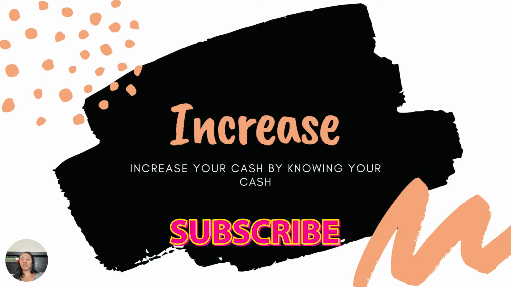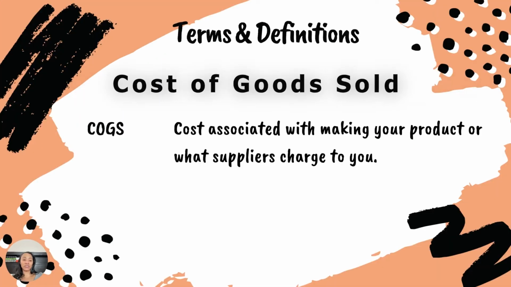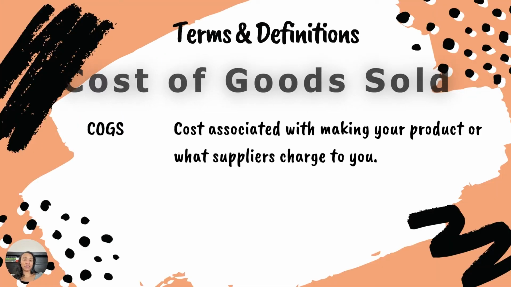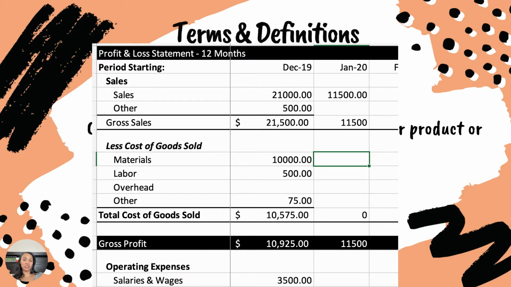This takes me to our first term, cost of goods sold. This means the cost that is associated for you selling the product that your customer buys from you. So if you sell it at $100, your price might be $50.